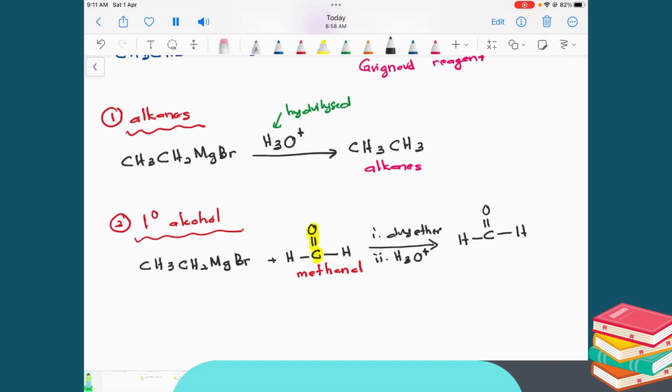Then we remove the double bond and it becomes a single bond, and then we add H, and we put the alkyl group from the Grignard reagent, because carbon is supposed to have 4 bonds and now we only have 3, so we add an alkyl group from the Grignard reagent.